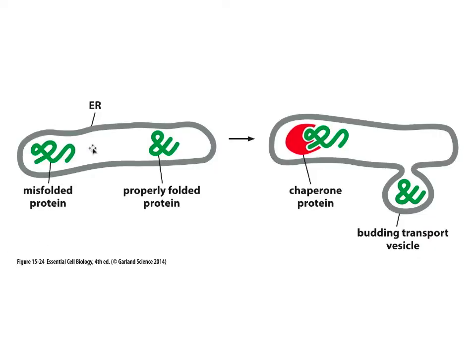Within the lumen of the endoplasmic reticulum, there are present many chaperone proteins whose task is to bind to any misfolded polypeptides and to retain them in an environment that encourages proper folding, and should that fail, the protein is then destroyed. Only proteins that are properly folded are allowed to progress on their journey to be secreted from cells.